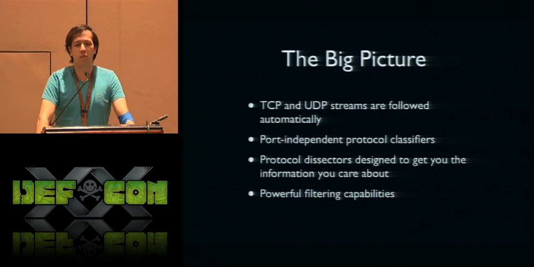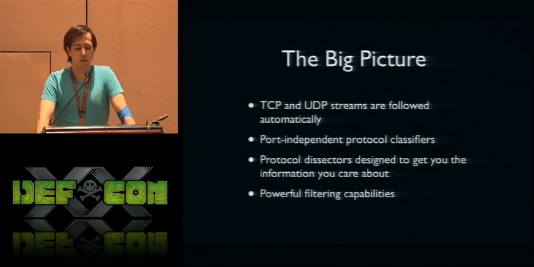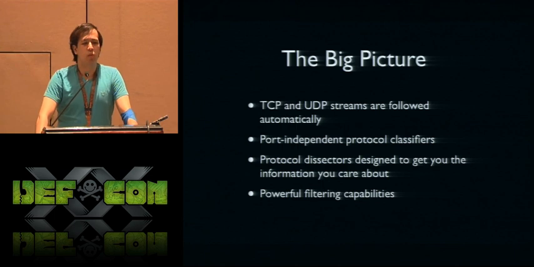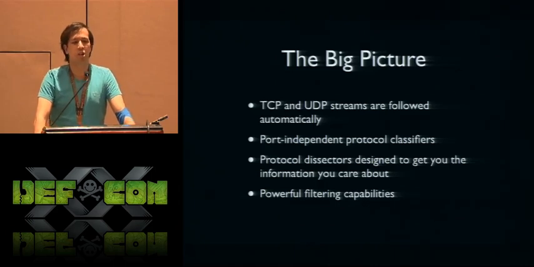We really want to be able to just say, hey, this user downloaded a file, here it is, don't worry about anything like that. And probably one of the most important parts is powerful abilities to filter traffic. We don't want to be looking through every little stream trying to find the one that matches us. We want to be able to filter by the protocol that you're running on.